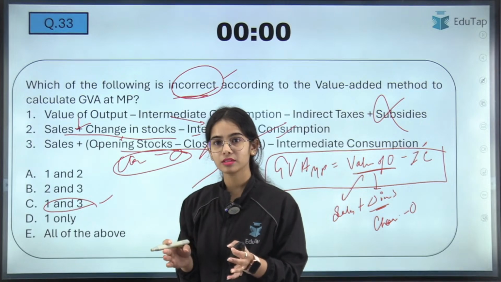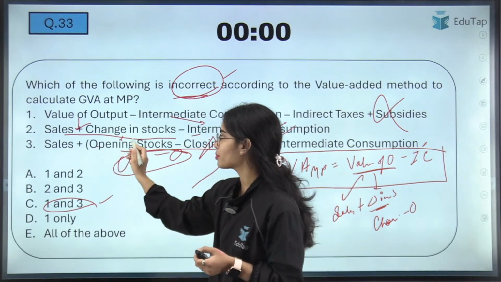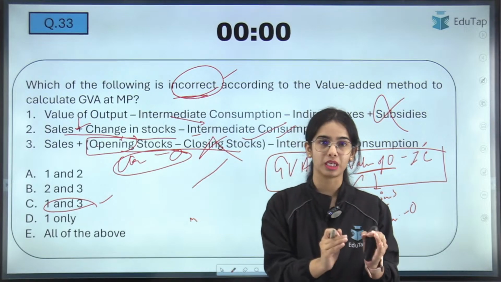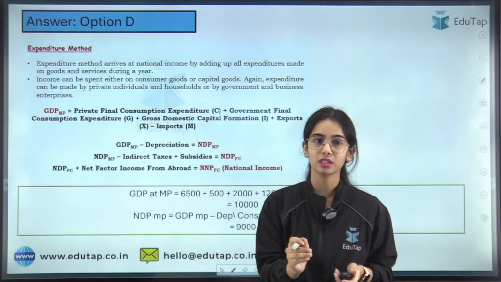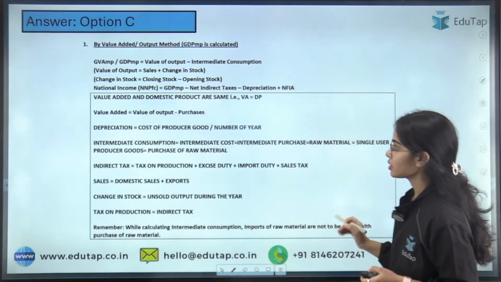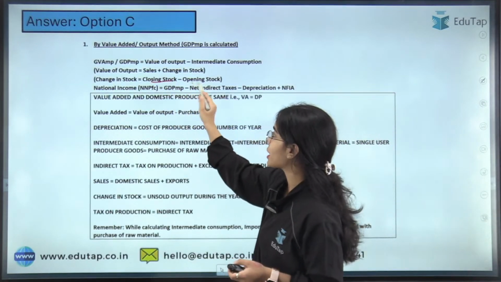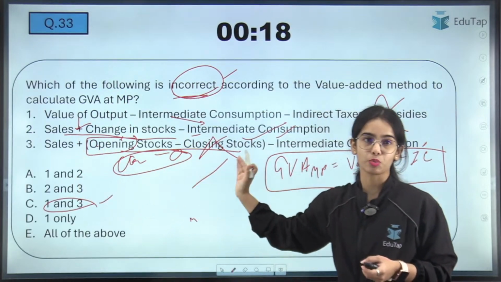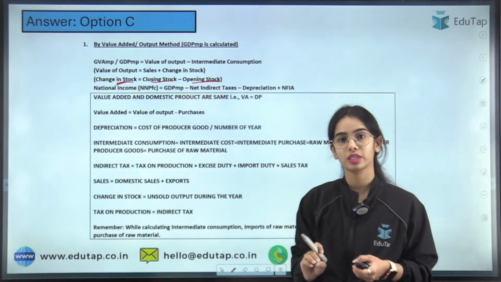Nachiket, is it clear that even the third one is incorrect, because opening minus closing is not true. It is closing minus opening. Closing stock minus opening stock is your change in stock. You cannot change the formula, right? So the third one is also wrong. Clear?